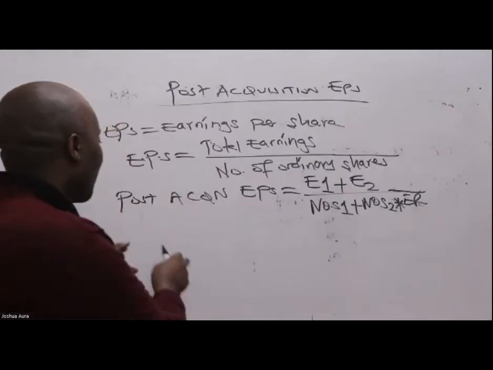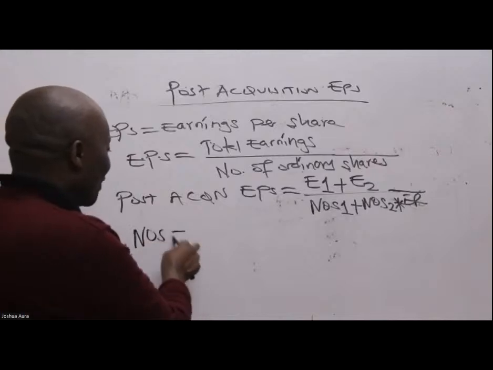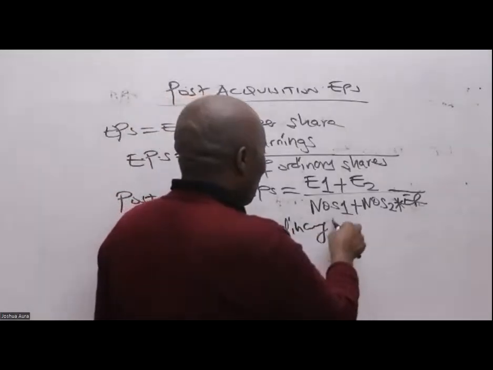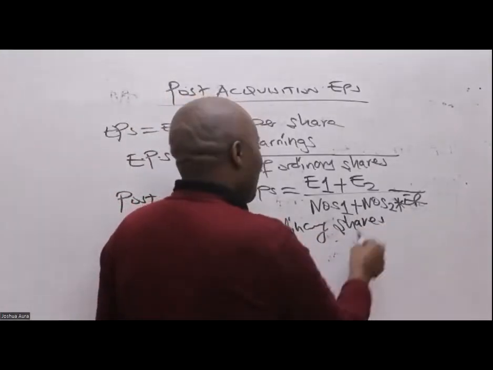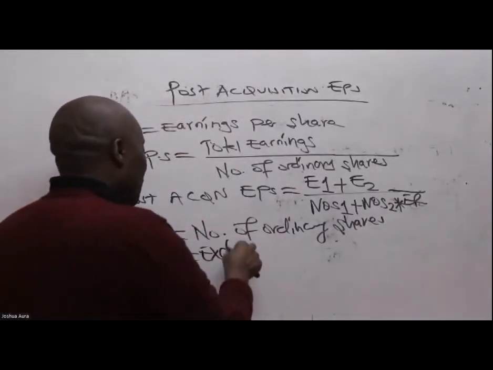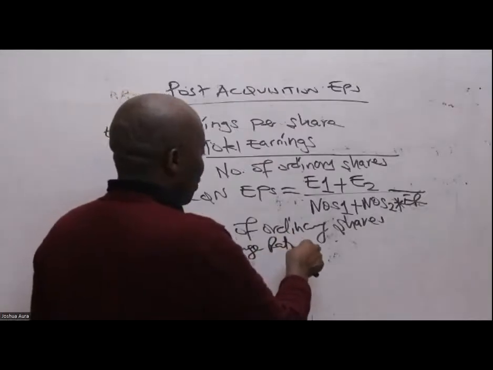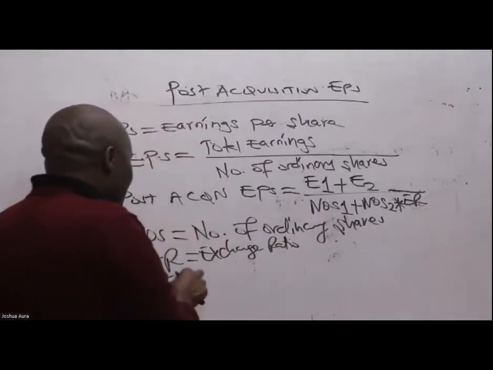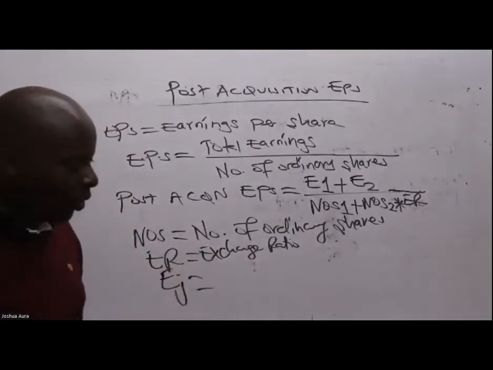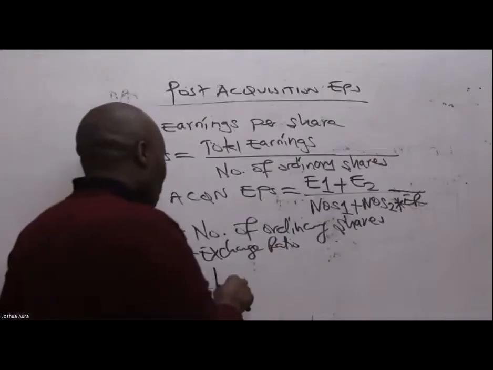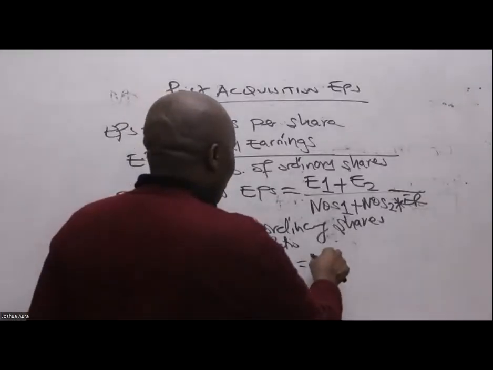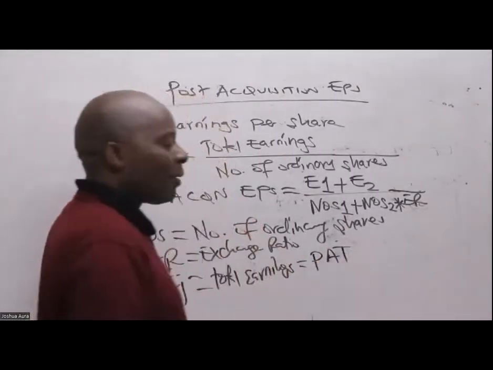So please don't forget that NOSE stands for number of ordinary shares, and ER stands for exchange ratio. And then we have EJ, where J can be a number like E1, E2. So this EJ is the total earnings, and in our case, total earnings would always be the profit after tax.